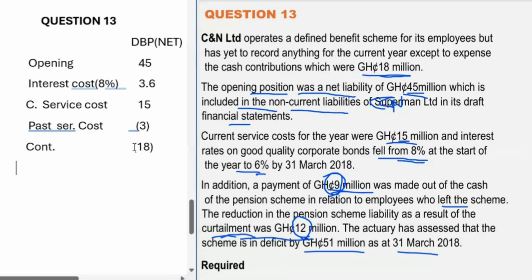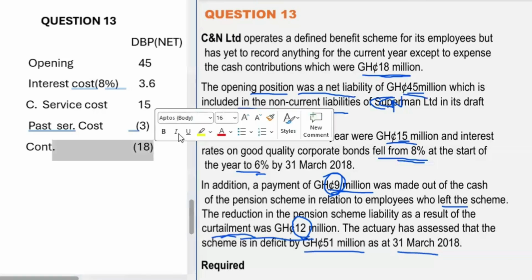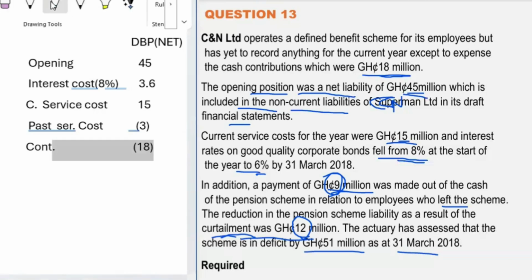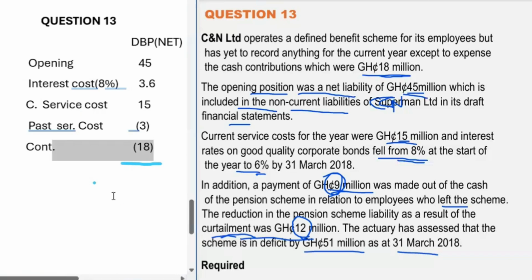When you add all this, or you do your deductions and your additions, you get a figure of 42.6. Okay, so 42.6 is the expected value, what we call the expected value.